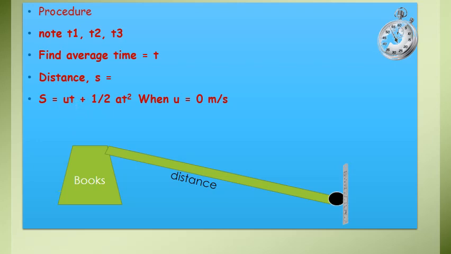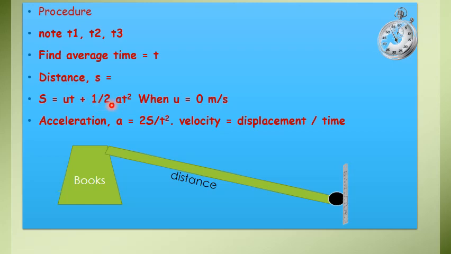Then s is equal to half at square. Make a the subject and cross multiply. Then what you get is a is equal to 2s by t square.